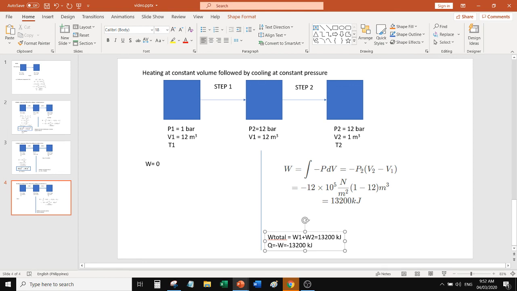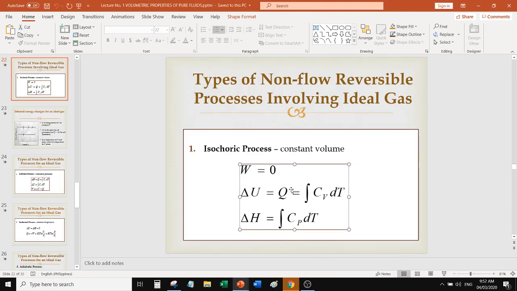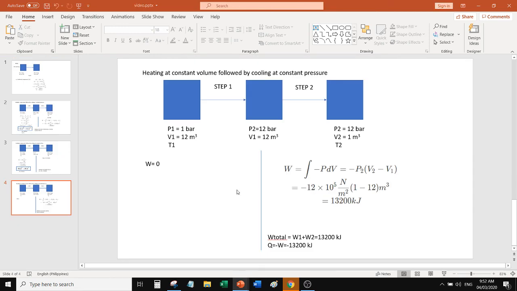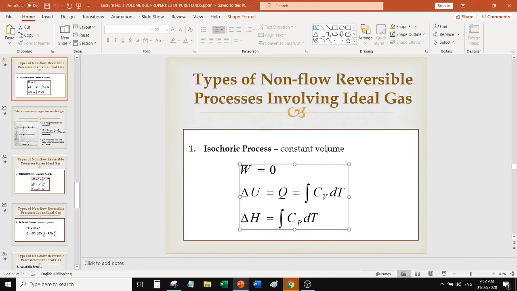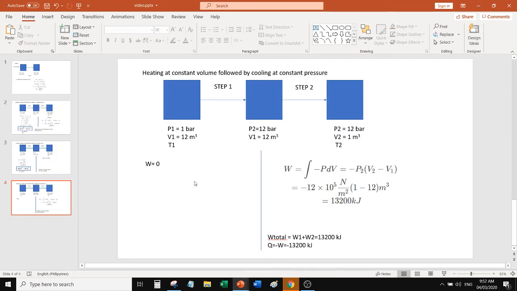Okay, but we can actually solve for Q in each step. For step 1, we can make use of this equation, Q equal to CV dT. And for step 2, Q is Cp dT. Just add the two to get the same answer.